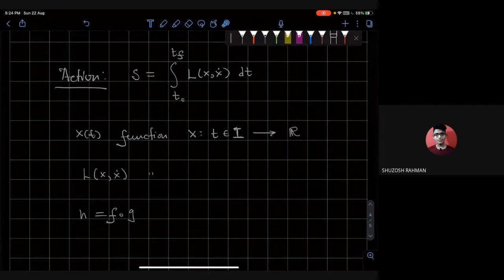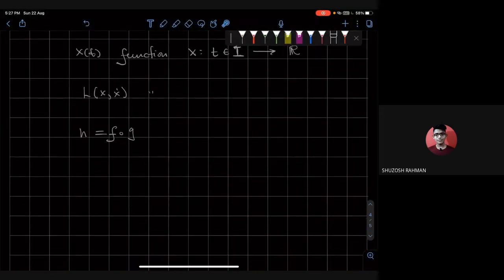Could you repeat that a little bit? So suppose you have function x, right? Then the Lagrangian will have some particular functional form. And this integral will give you a particular number. Oh, so that's why it's not a function. Yeah, but if you choose a different function, all right.